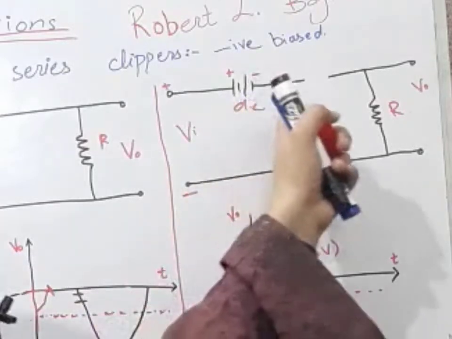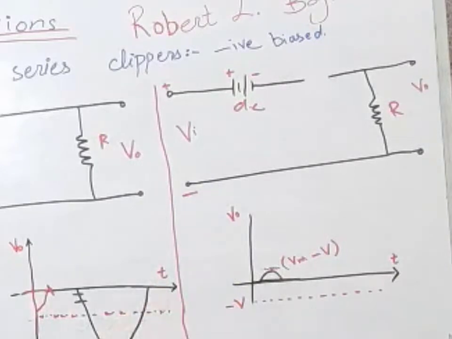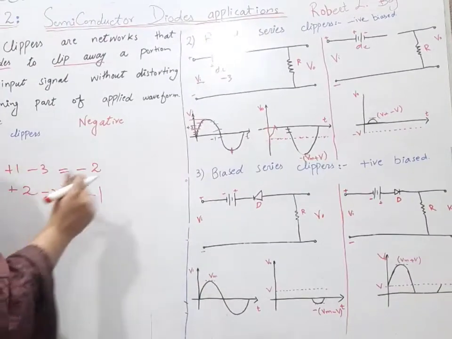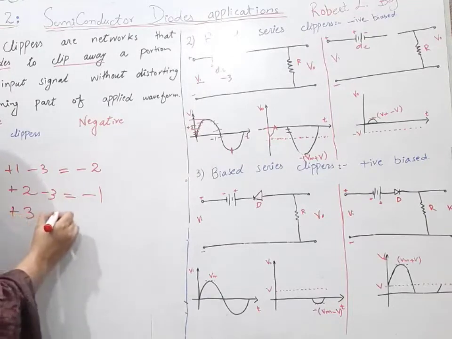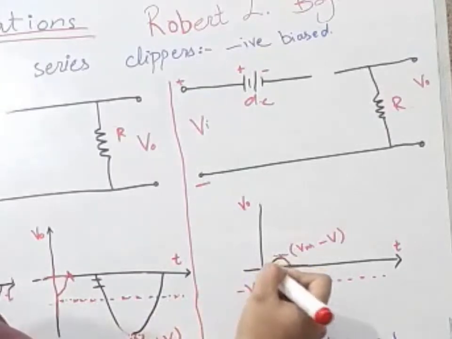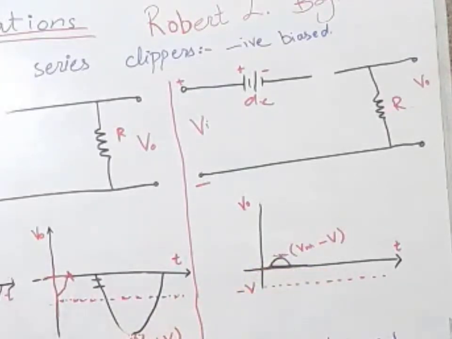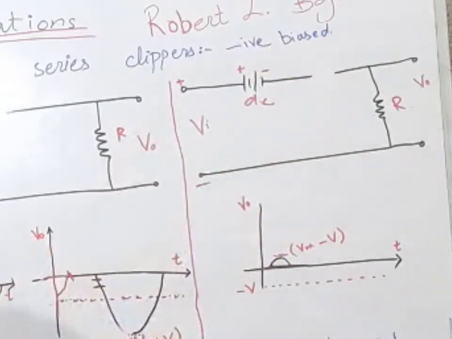We will have open circuit here and we will get nothing at the output waveform. When our applied potential is at +3, then we will have 0. Now at this point we get the 0 result because this DC tried to make it again reverse biased.